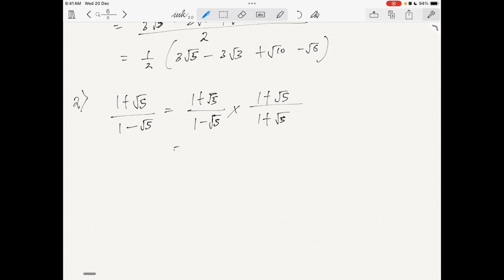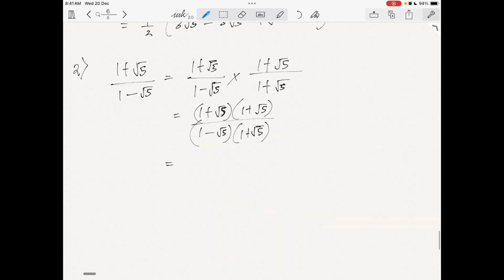So when we multiply this out, we have 1 plus root 5 into 1 plus root 5, which can just be 1 plus root 5 squared, over 1 minus root 5 into 1 plus root 5.